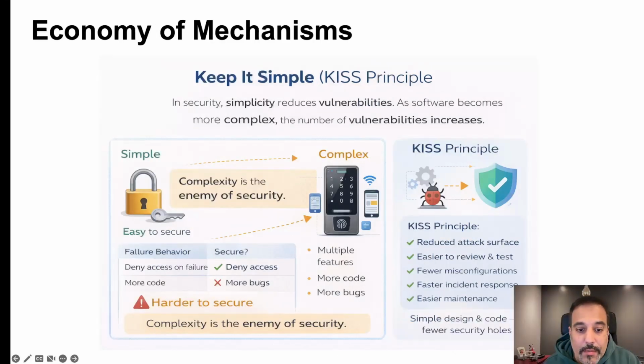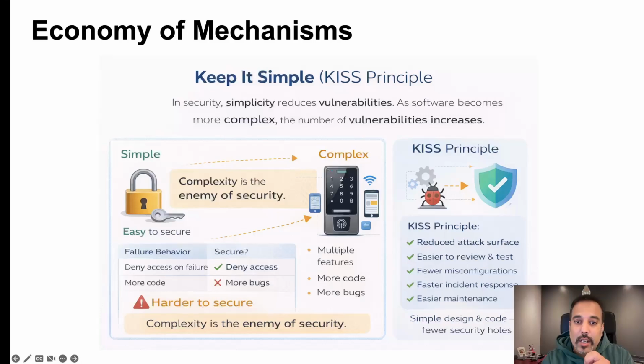Economy of mechanism, which we call keep it simple. You don't need to overcomplicate things when you're developing software. Just taking a real life example, there are two types of locks. You have padlocks, and then you have smart locks as well. If you look at the traditional ones, there are very few moving parts in it.